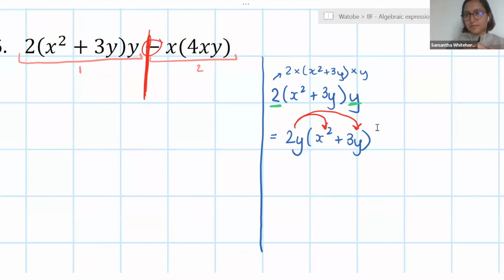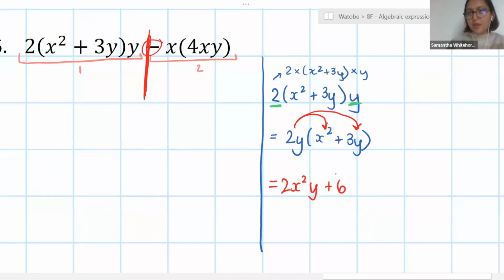Hello, ma'am. Hi, Ayanda. Ma'am, I wanted to ask, since you've already put it as 2y, if I say 2y times x to the power of 2, will I get 2x to the power of 2y? Excellent. Well done. And then 2y times 3y, plus 6y.